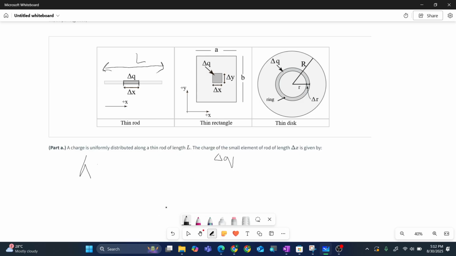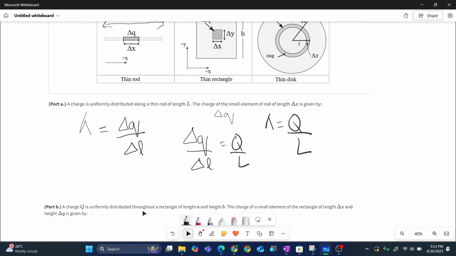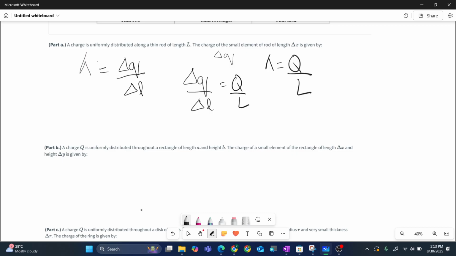Lambda is our linear charge density, which is equal to delta q over delta L. And if I talk about this whole rod, my lambda is equal to Q over L. So I'm going to put these equal to one another: delta q over delta L equals Q over L. If I rearrange this, I will get my delta Q as Q over L times delta L. Very simple.